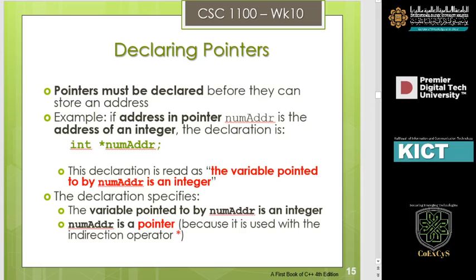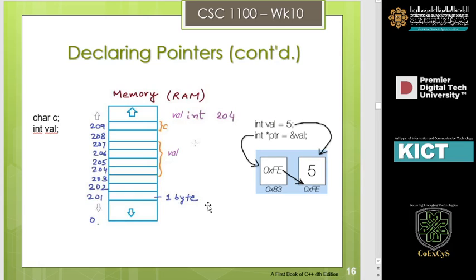So declaring pointers: pointers must be declared before they can store an address, right? For example, if the address in pointer num address is the address of an integer, the declaration is int star num address. This basically declares it. And later on, the star operator is used. Basically the pointer points to a byte in memory somewhere.